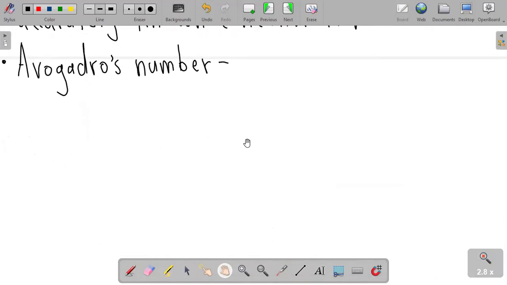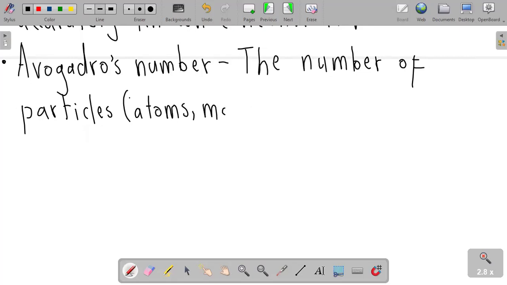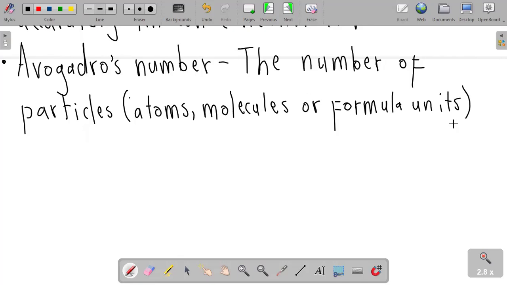This is the number of particles. Those could be atoms, molecules, or formula units, present in one mole.